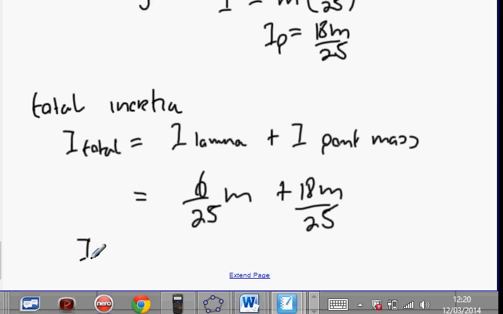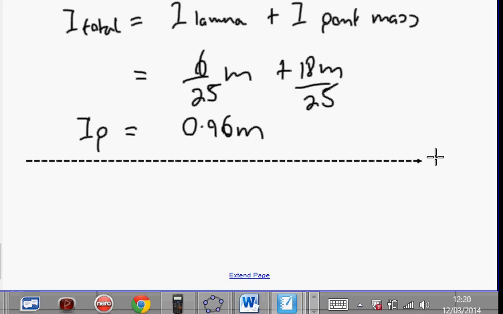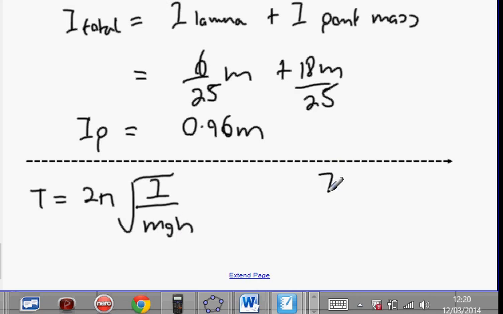Then I around P total is going to be 0.96 m. Now, the question asks us specifically about the period of a compound pendulum. The period of a compound pendulum, T, equals 2 pi square root of I over Mgh. I is 0.96 m.